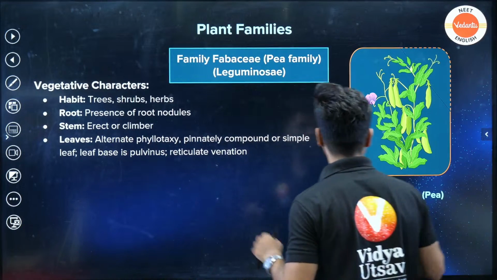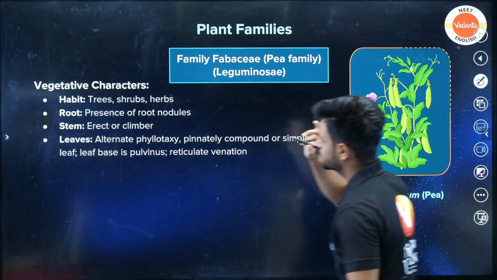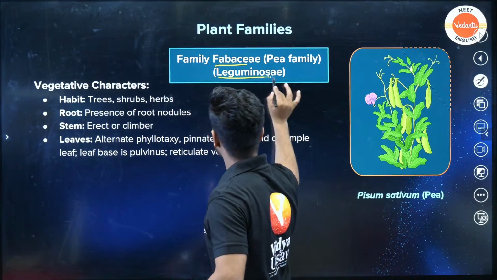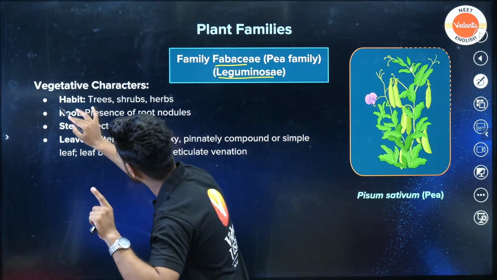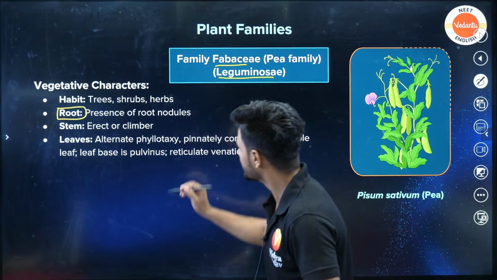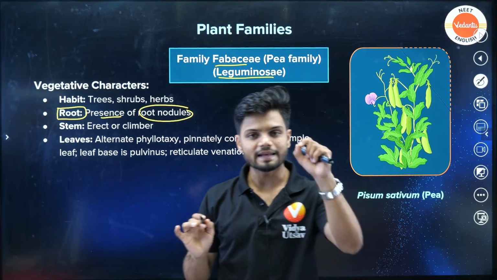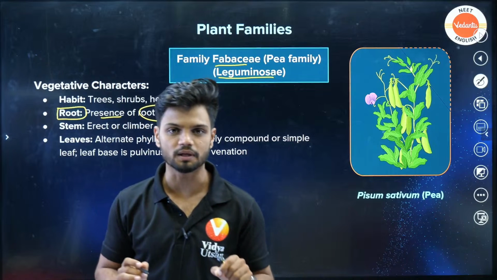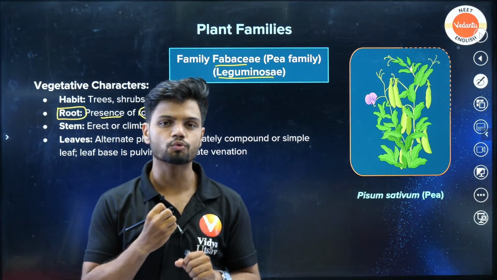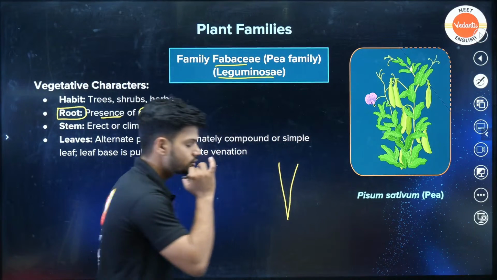The first thing I want everyone to focus on under Fabaceae, also called Leguminosae, is the roots. If you focus on the roots right here, can you see the presence of root nodule formation? Can anyone in the chat, if you're brilliant enough, tell me what is the function of these root nodules? This is a dicot plant. This is your taproot.